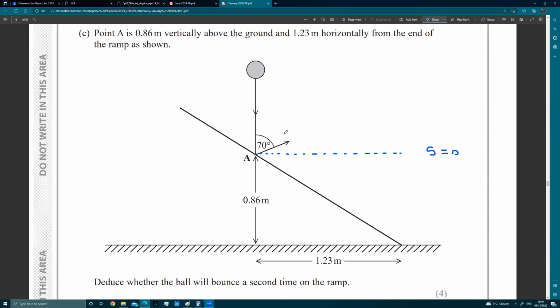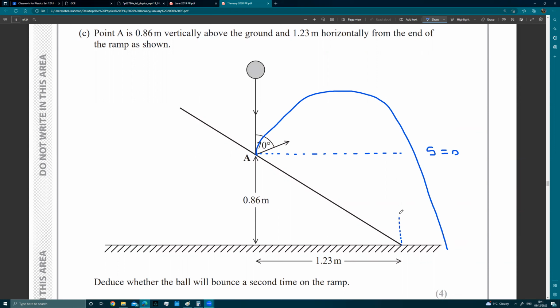Continue. Yeah, so if the ball bounces a second time, then what will happen? Or if the ball doesn't bounce a second time, let's talk about it like this. Here's an example of a trajectory where it doesn't bounce a second time.